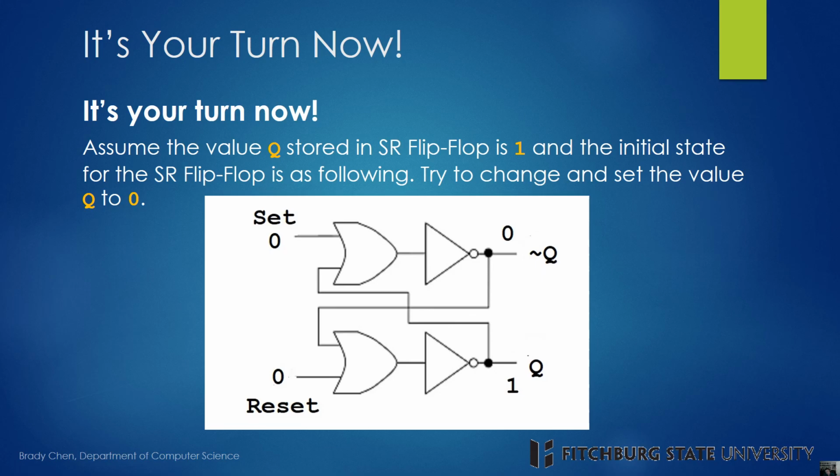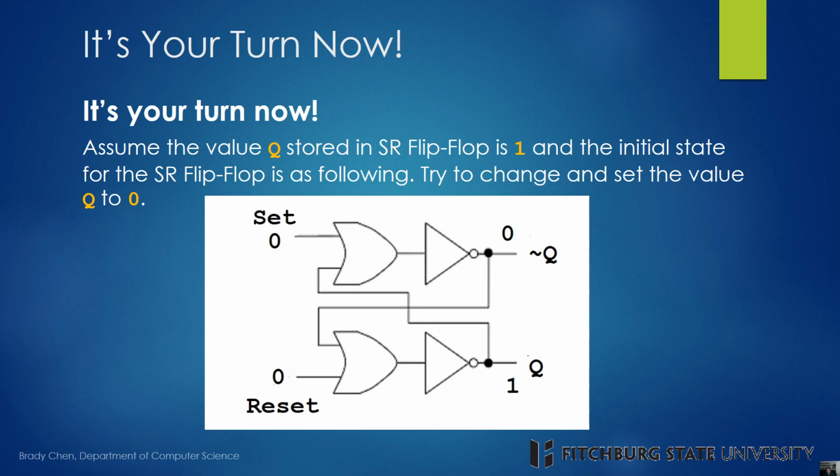So now it's your turn. Let's assume the value Q stored in the SR flip-flop is 1. And the initial state for the SR flip-flop is as follows, which means both the set and the reset inputs have value 0. Now, how can we change the stored value Q from 1 to 0?